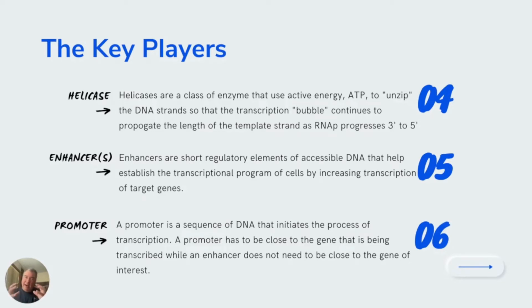Well, to get that RNA polymerase where it needs to be, we've got to separate those strands. We've got to break those hydrogen bonds. We've got to disrupt that double helix temporarily so that all of our transcription machinery can get where it needs to get, so that it can accurately and precisely read that DNA code.